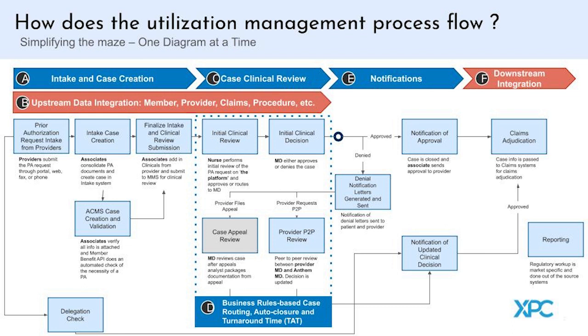Now, everything to the right of that little box is once a decision has been made, whether approved or denied, we then send out a letter. We tell the provider and the member, and let's say it's approved, we then send it to claims as well. We send this clinical information that was sent in the prior auth to claims, because this is the interesting bit.